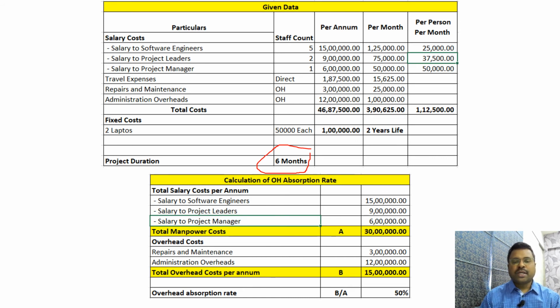Why is this important? Because whatever the direct manpower involved for any particular project, that has to be calculated, and this overhead absorption rate is to be applied for the purpose of recovery of indirect cost. That is the reason this particular overhead absorption rate is calculated.